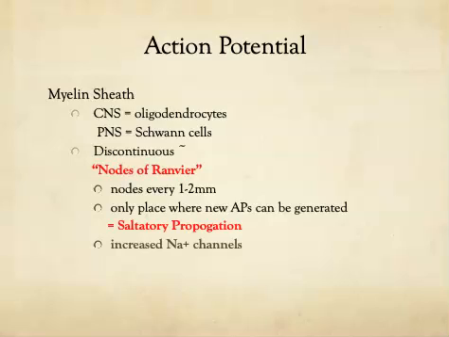So myelin has a purpose. Myelin is an insulating material. And what myelin allows for is propagation of the action potential without a loss of strength. In some neurons, this is critical to their function.